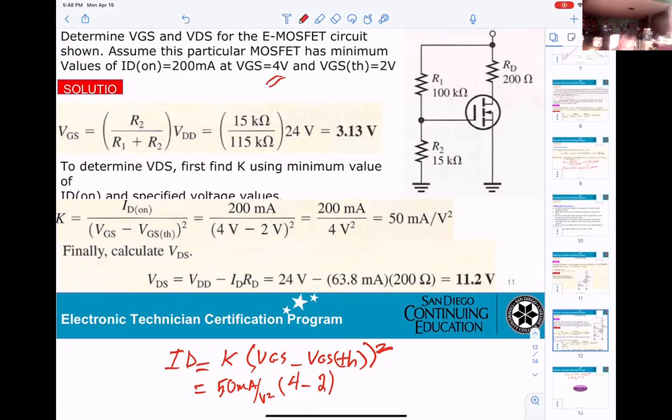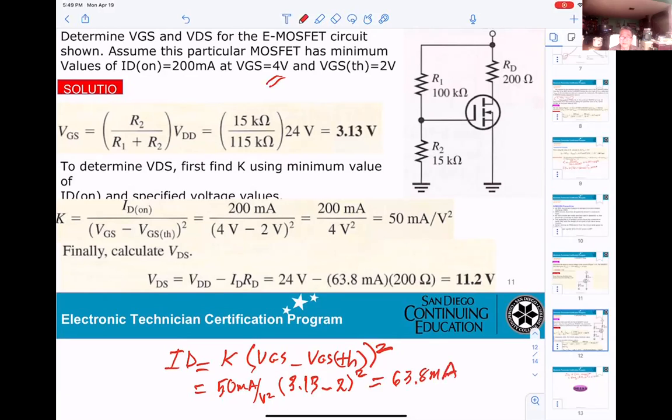Yes, 3.13, then you get the right answer. Okay, thank you. I got it. VGS, that's what you get, 63.8 milliamp.